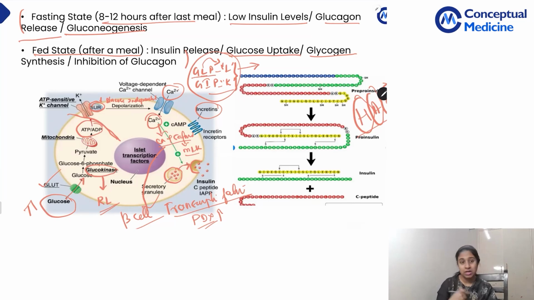GLP, what it does is that it will have a glucose dependent insulin secretion. That means only if the blood glucose is more than 70, this will go and activate the insulin secretion. Okay, so only if glucose comes in your blood, GLP and glucose both go and activate your incretin receptor and your insulin will be secreted.